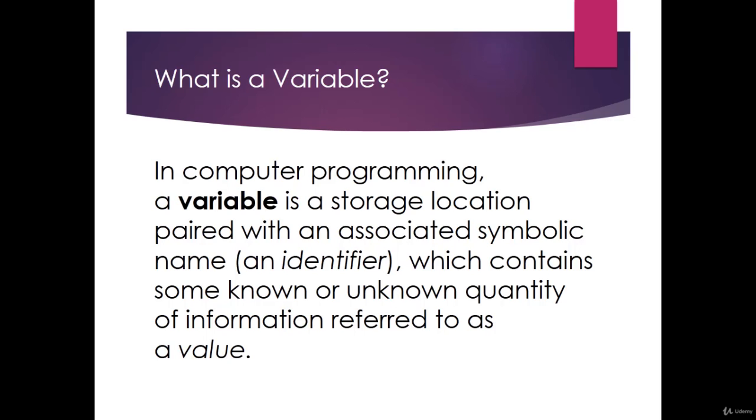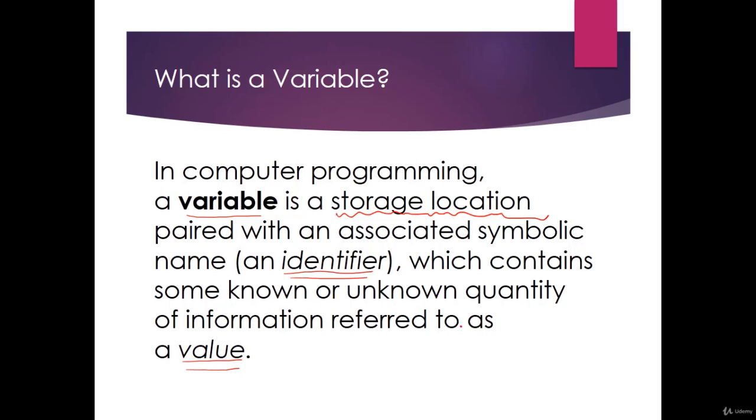Actually, in computer programming, a variable is a storage location paired with an associated symbolic name. This is an identifier which contains some known or unknown quantity of information referred to as a value.